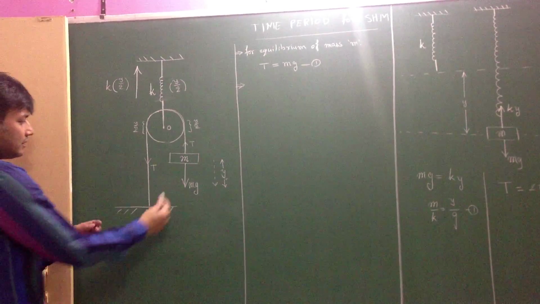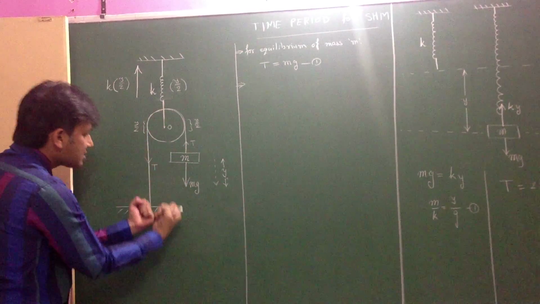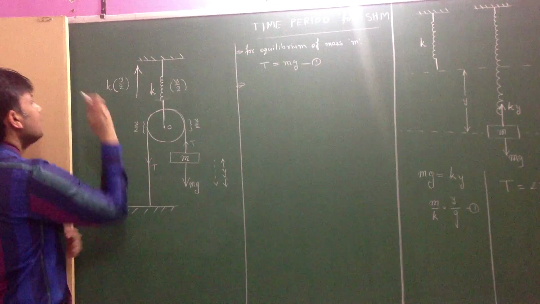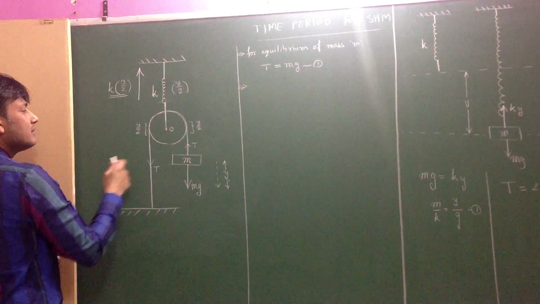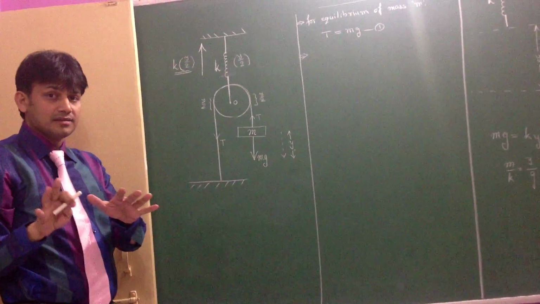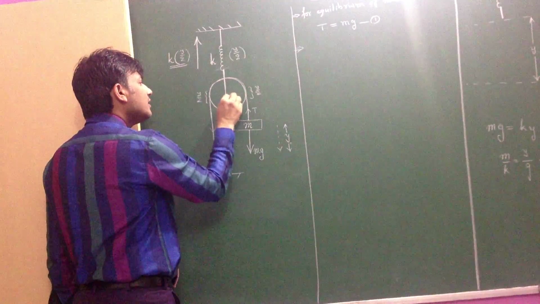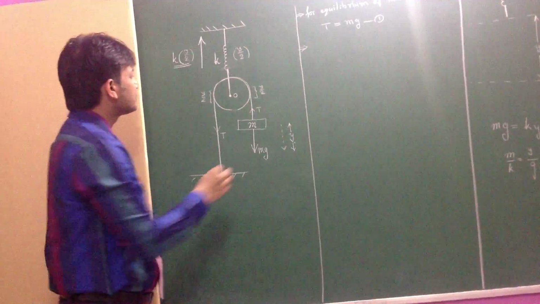Now this T and this mg, these two forces are pulling the system in downward direction, and this restoring force is pulling the system in upward direction. Still the system is in balance, in equilibrium. That's why we can think about the equilibrium of point O.